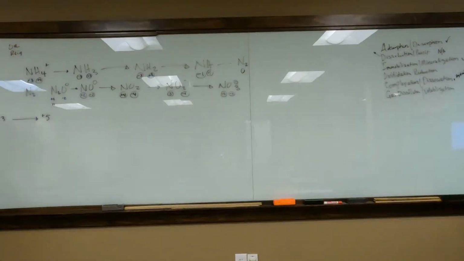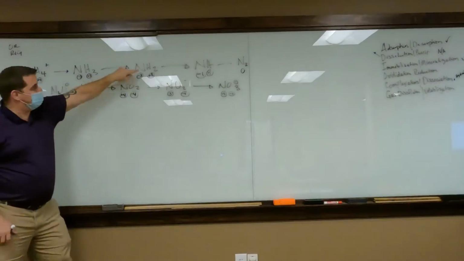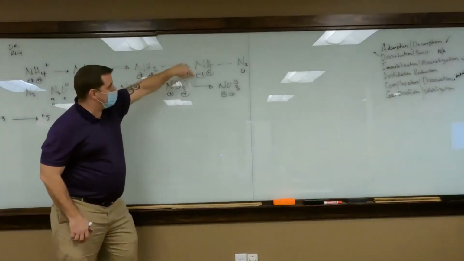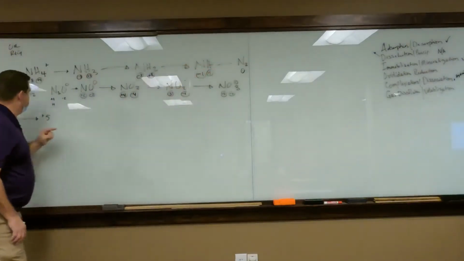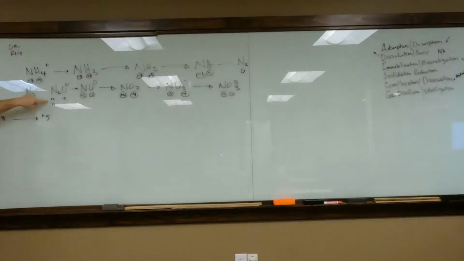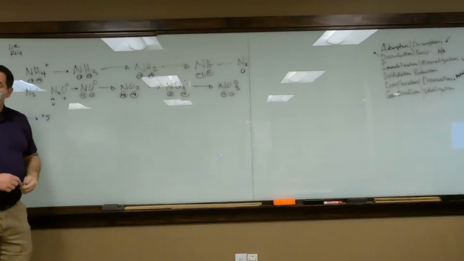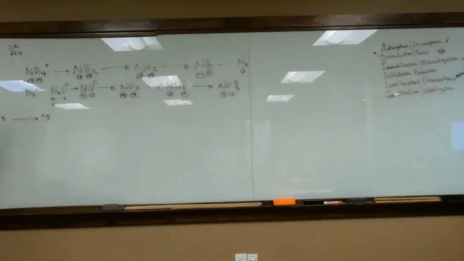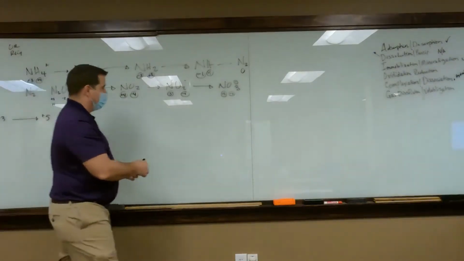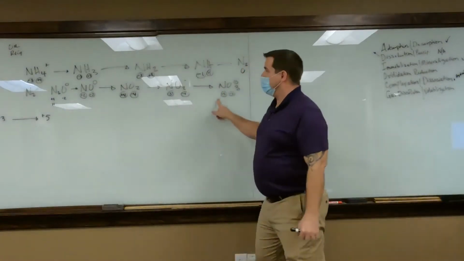Oxidation is loss, reduction is gain. So in an oxidation, it loses an electron. So in a reduction, it gains an electron. So it becomes more negative.